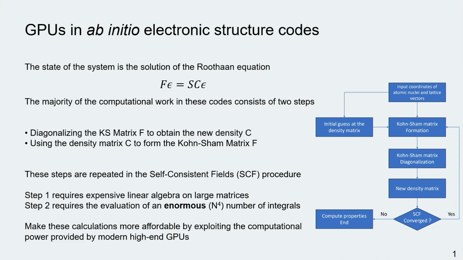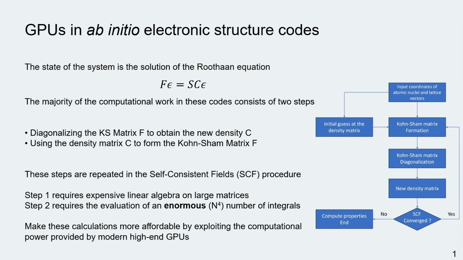Now, a bit of detail about how they look under the hood. We want to study our system, and the state of the system is given by the solution of this equation, the Roothaan equation. Essentially, it's a generalized eigenvalue problem between our Kohn-Sham or Fock matrix F, our molecular orbital energies, and then we have the overlap and density matrix.